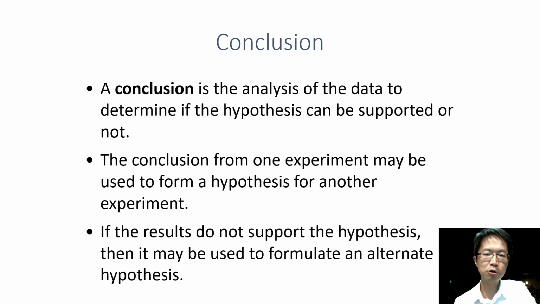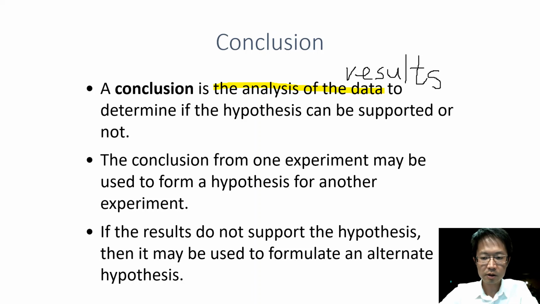So what is a conclusion? Conclusion is an analysis of the data to determine if the hypothesis is supported or not. Data here is basically the result that we get from doing the experiment. Data is not necessarily numbers, although most of the data are numbers.